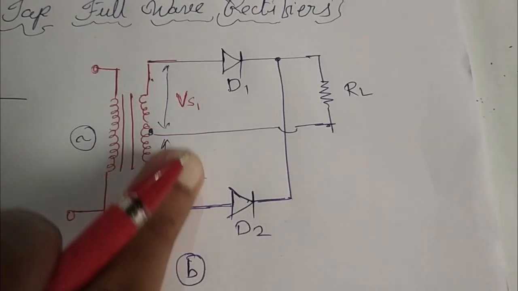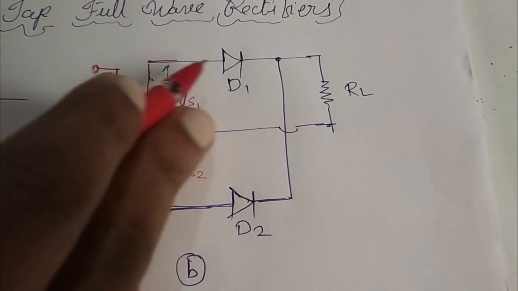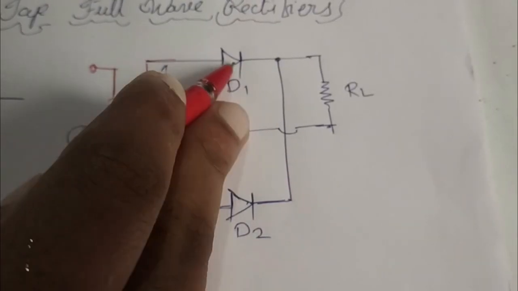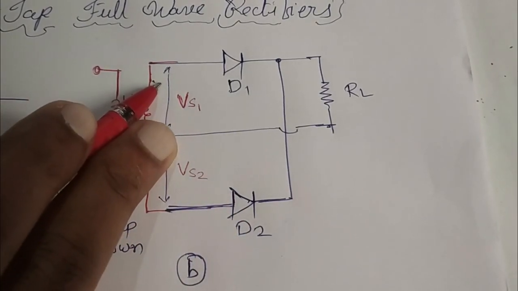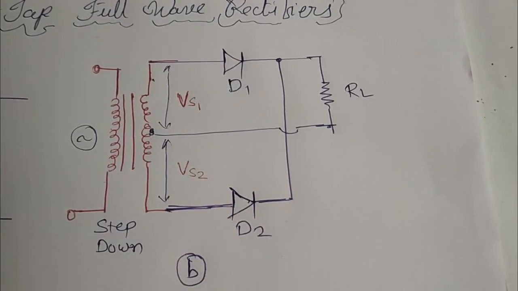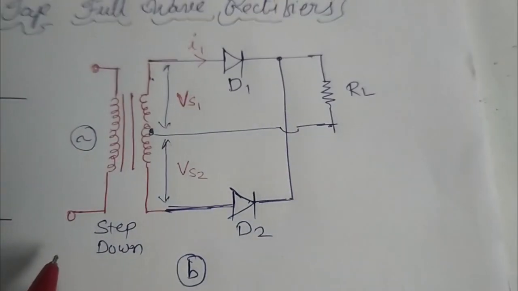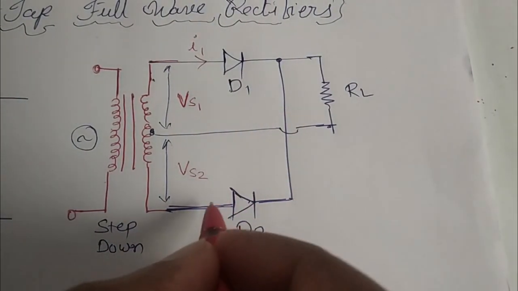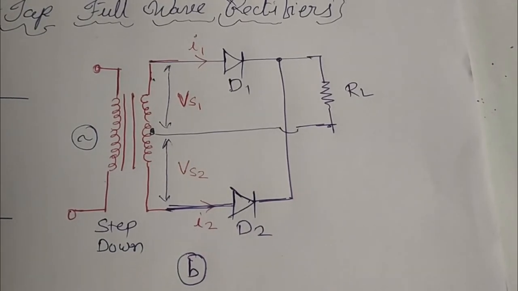So we have two voltages here, VS1 and VS2. Similarly, we will have currents I1 and I2. Due to VS1 there will be a flow of current I1 across D1, and there will be current I2 across D2, right?